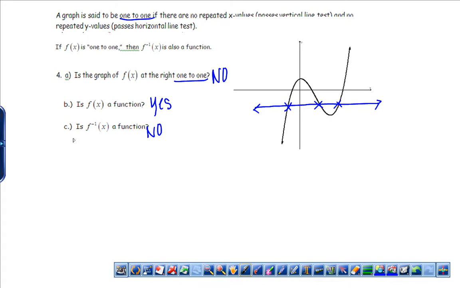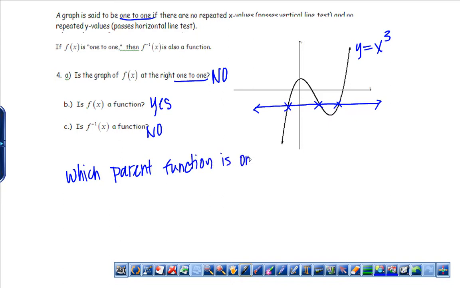Okay, so now I'm going to ask you this question. Which parent function is 1 to 1? And this is one of them. This is y equals x cubed. So that gives you one of them.